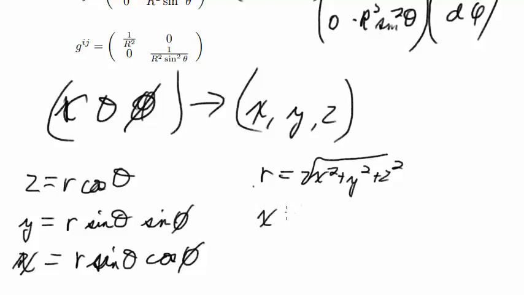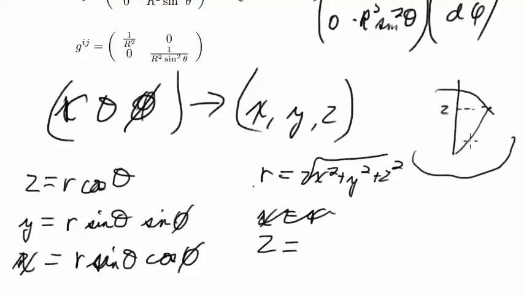Actually, let's start with z. Z is, let's see, we've got a circle, z is right here, we've got this angle, and that angle is theta.